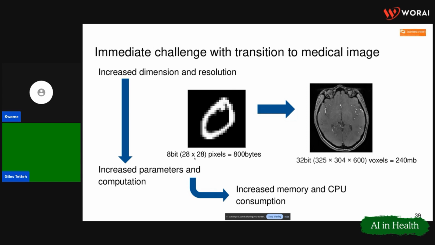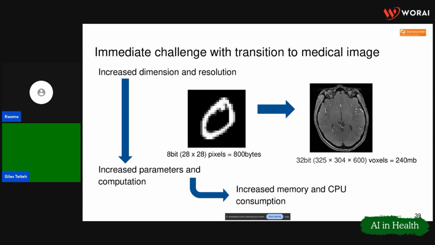So this is 28 by 28, and most medical images range between these voxels. On computer, this is less than a kilobyte, 800 bytes, for example. But this is 240 megabytes.